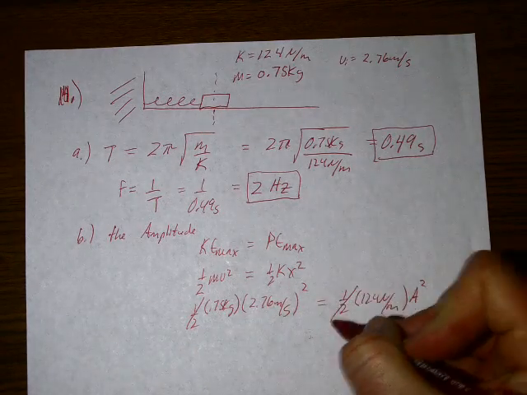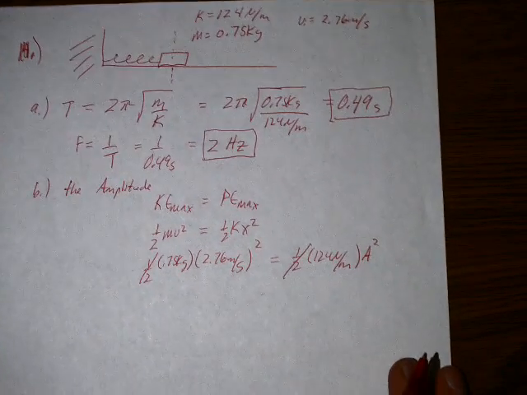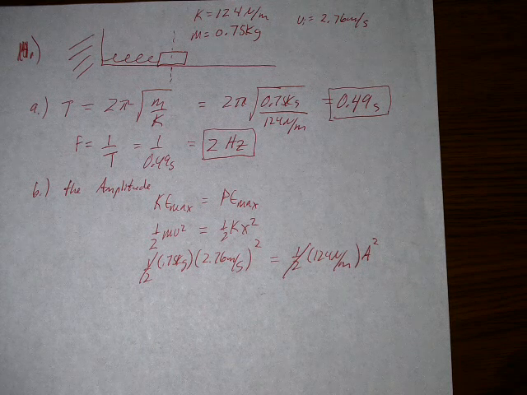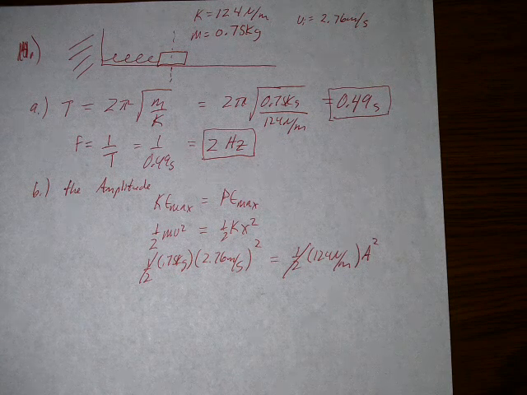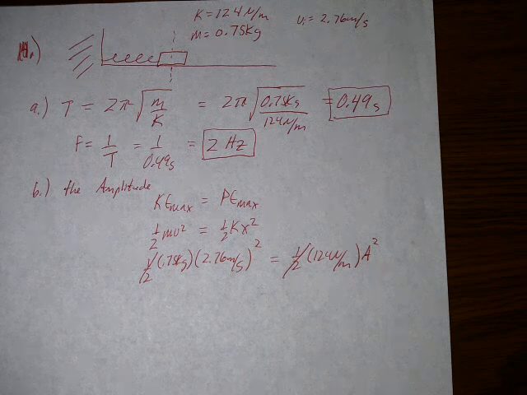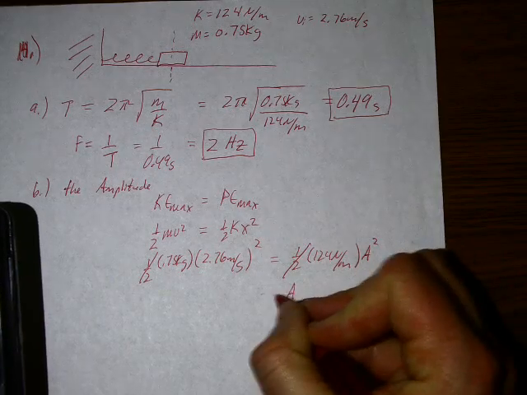The 1/2 should cancel on both sides, so I can forget about that. So if I go 0.75 times 2.76 squared, then I divide it by 124, and then I take the square root of that. That then gives me the amplitude.